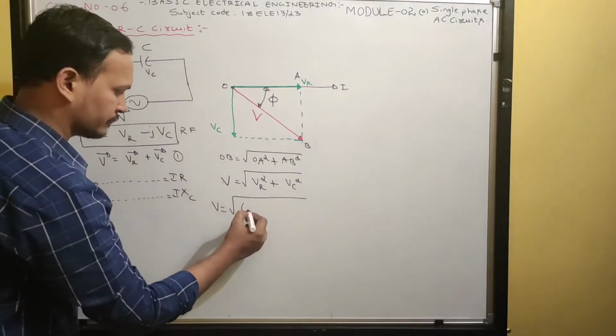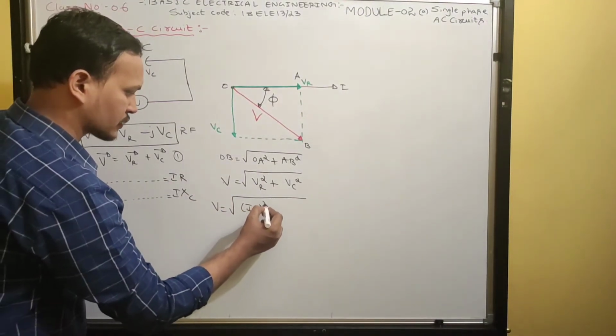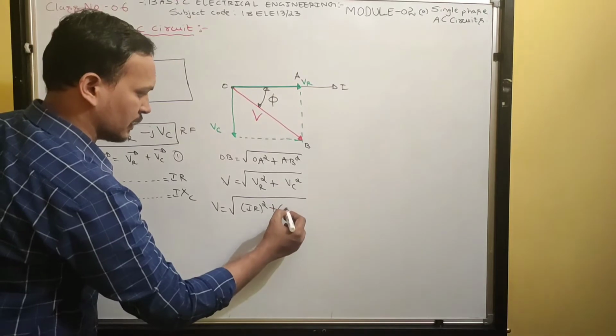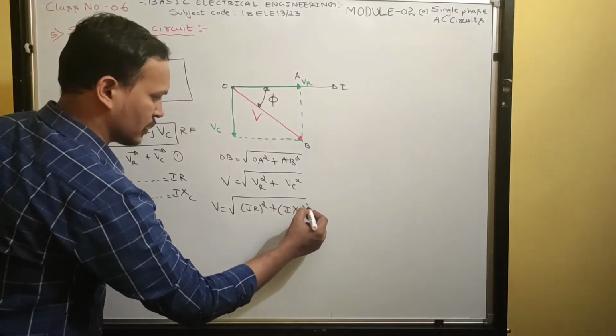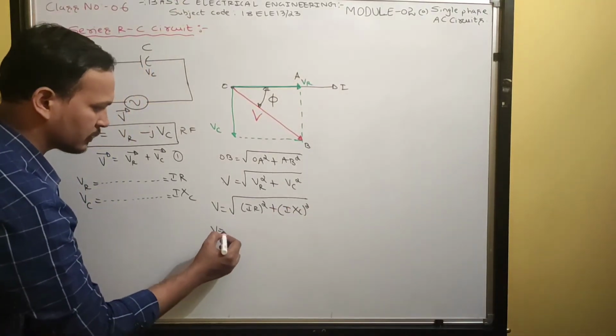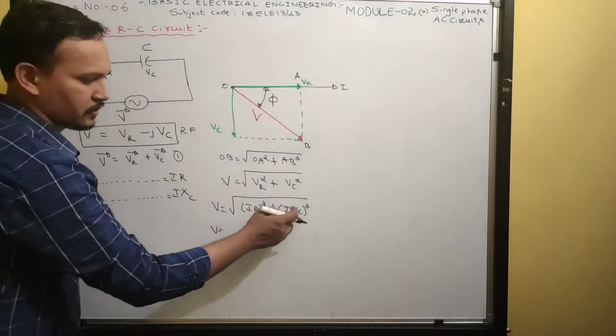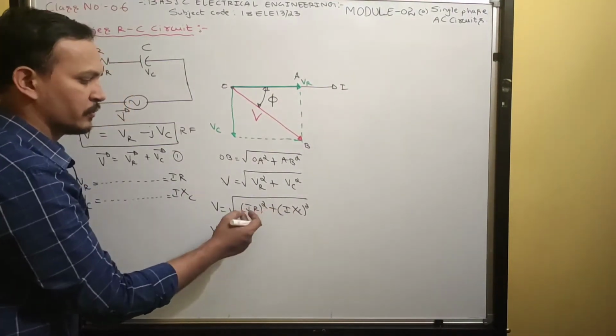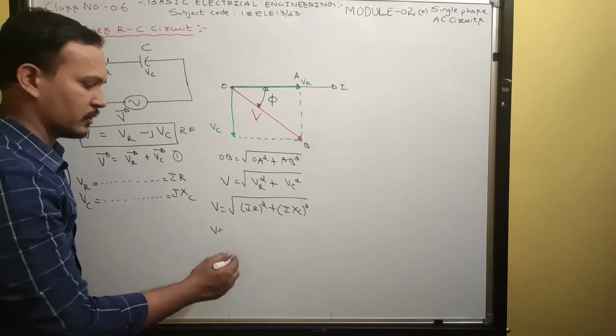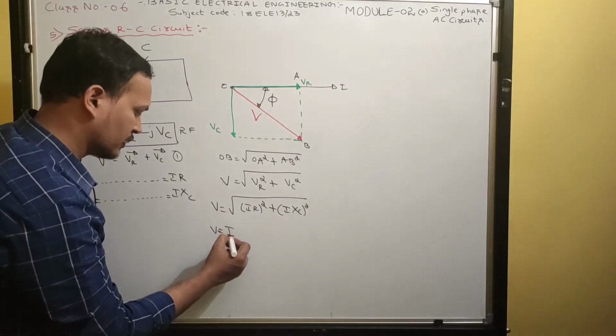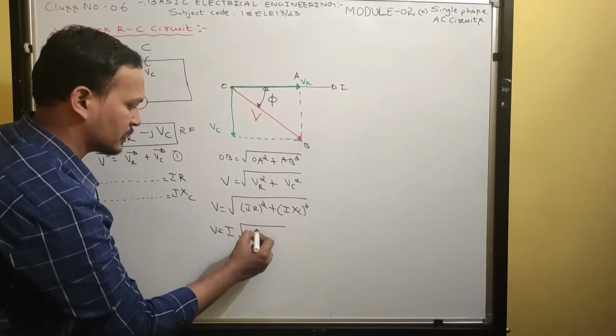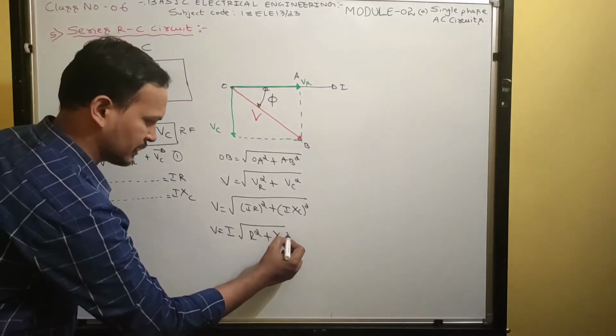Now V is equal to the square root of (I into R) square plus (I into XC) square. This becomes I square R square plus I square XC square. Take I square outside the root from both terms, so it becomes I, and what is left is the square root of R square plus XC square.